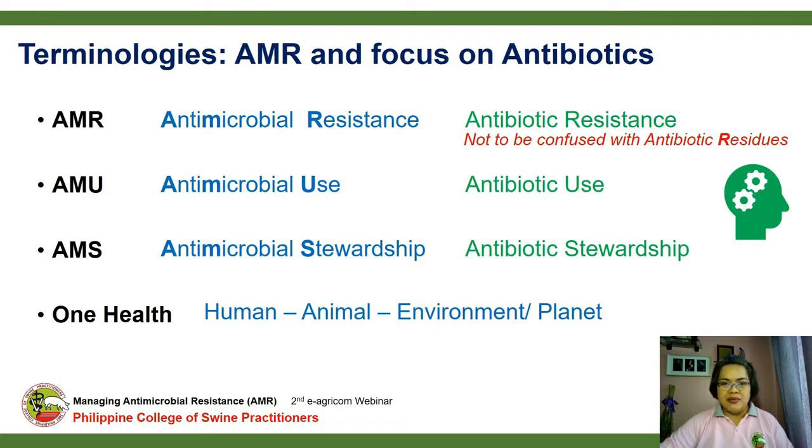What we need to have a better appreciation of is the One Health impact of this AMR issue. This is not just about humans and animals having effective antibiotics to treat their diseases, but what is the effect as well on the environment or on the planet.